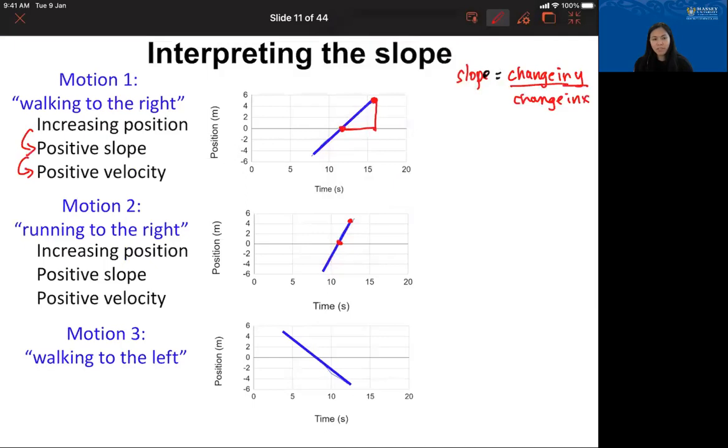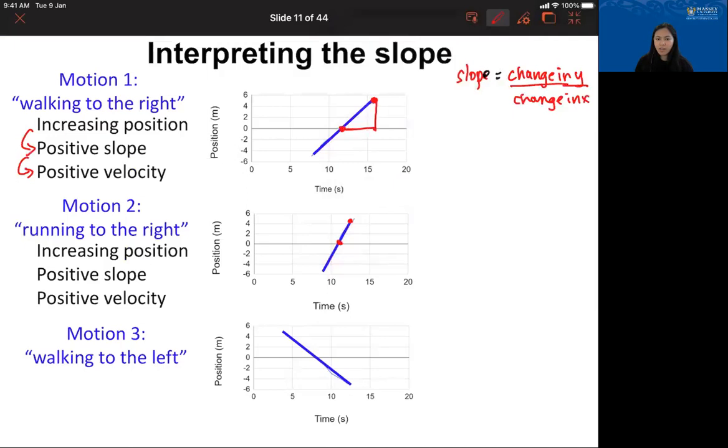And therefore, that means that you are moving faster. Does that make sense? If you have a steeper slope, you're moving faster as opposed to when the slope is not as steep, that means you're moving slower. Okay, good. Some thumbs up.